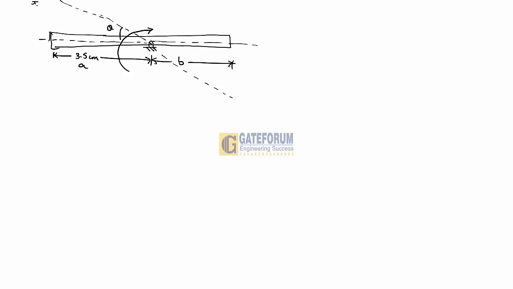So this height will be equal to A sine theta, or A theta also, because theta is so small that sine theta is equal to theta. And this will be B sine theta, or B theta also.